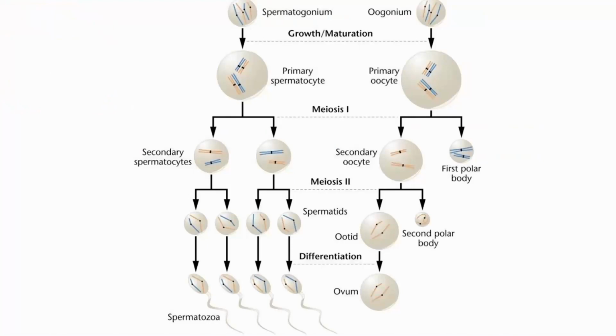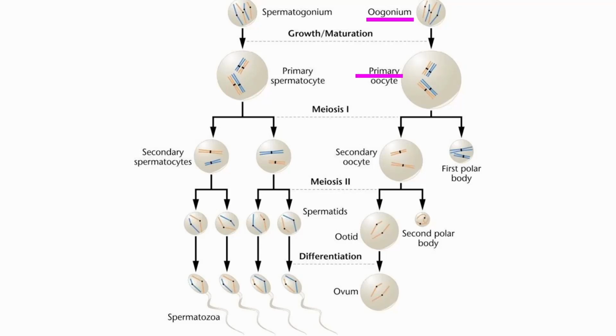Here is a diagram of what happens in cases of development of the oocyte. It starts as oogonium, and it has full set of chromosomes, then gets larger and surrounded by follicular cells.